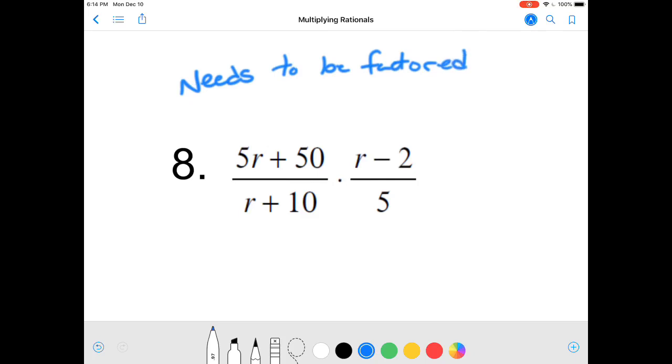The common factor between 5r and 50 is 5. Both can be divided evenly by 5.